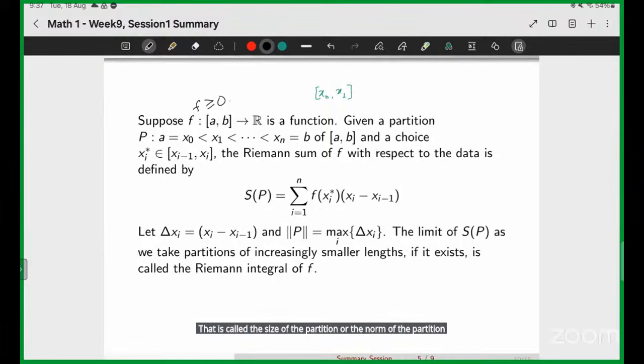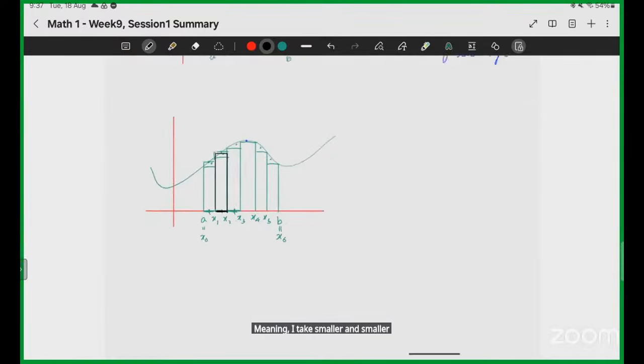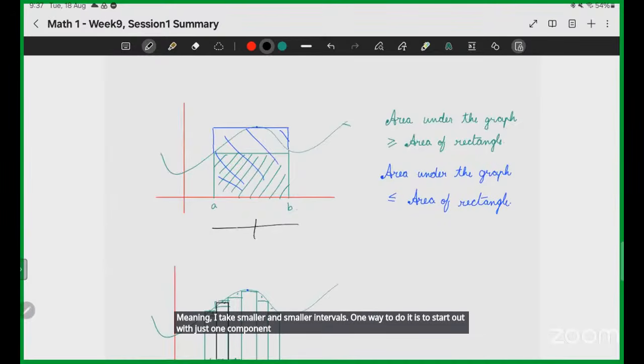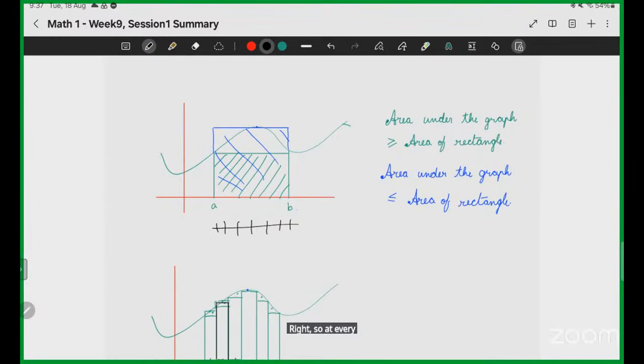If I decrease that to 0, meaning I take smaller and smaller intervals, one way to do it is to start with one component, then make 2 components, then 3, then 4 equal parts. You can keep doing this. At every step you will have a larger number of partitions, but each of them with smaller size.